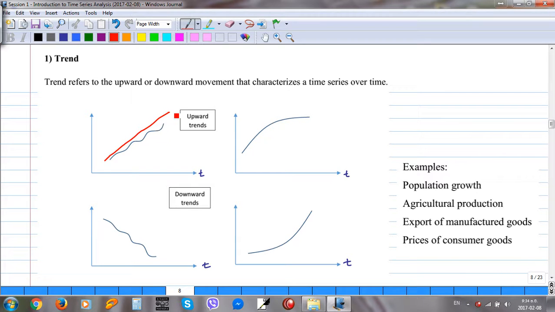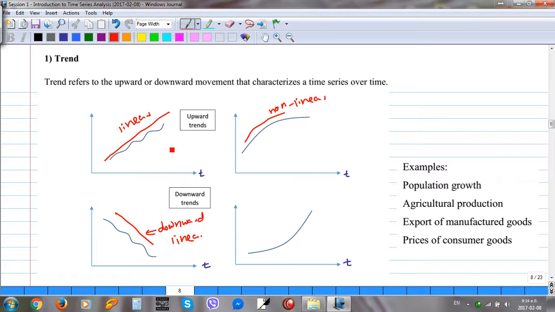So this is an upward linear trend, and this one is an upward non-linear trend. This is a downward linear trend, and this is a downward non-linear trend.